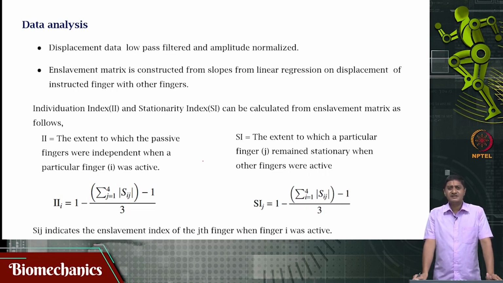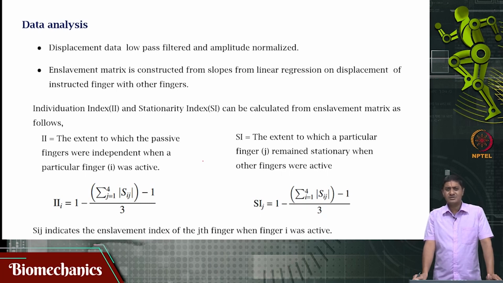And we constructed the enslavement matrix by using the slopes of the linear regression of the displacement of the instructed finger with the displacement of the other non-instructed fingers. We computed the individuation index and stationarity index as previously defined by Rosenschieber.